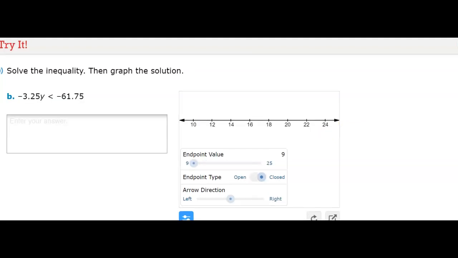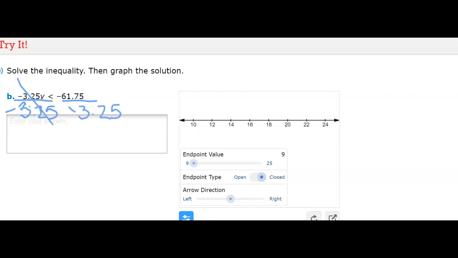Let's graph this next inequality. So now we are going to divide -3 and 25/100 from both sides of this inequality because that is the inverse of multiplying it to the y.